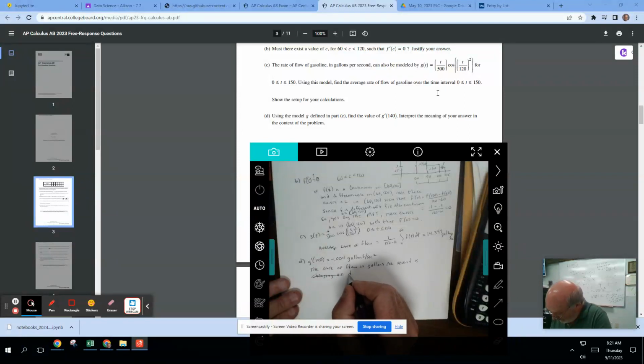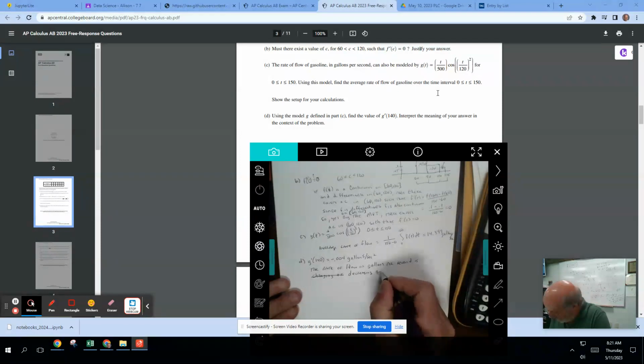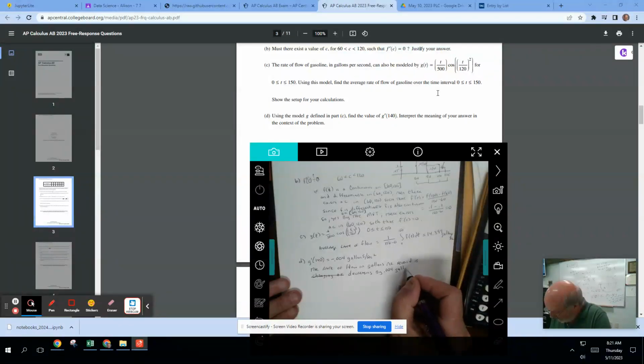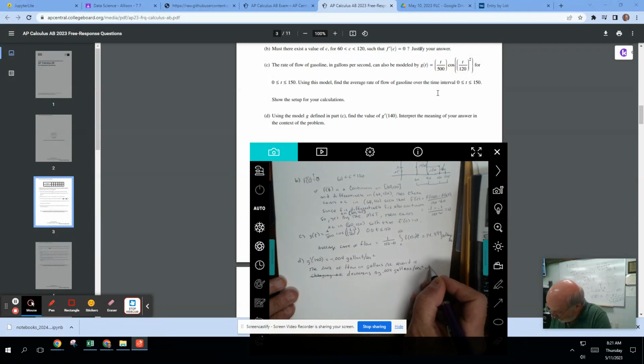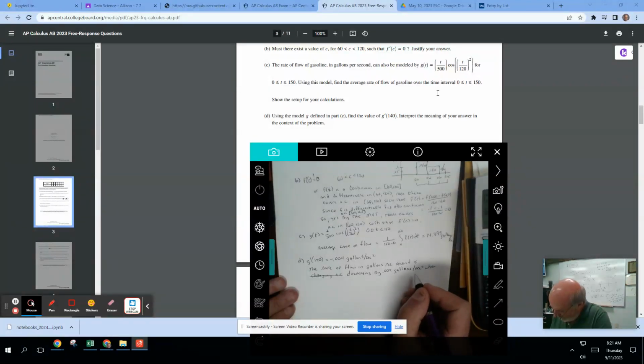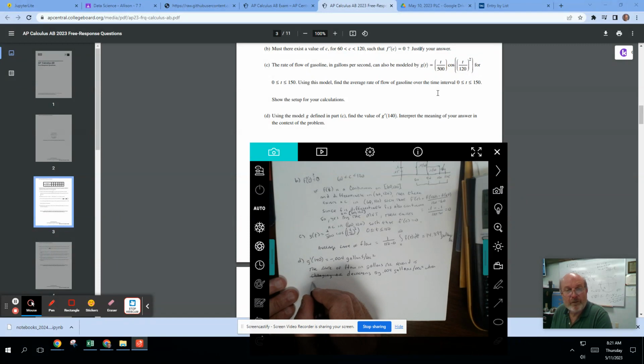Let's go ahead and put decreasing, by 0.004 gallons per second squared when t equals 140.